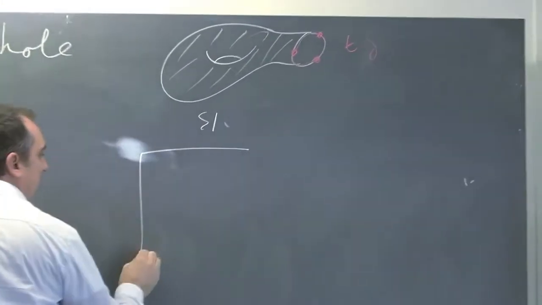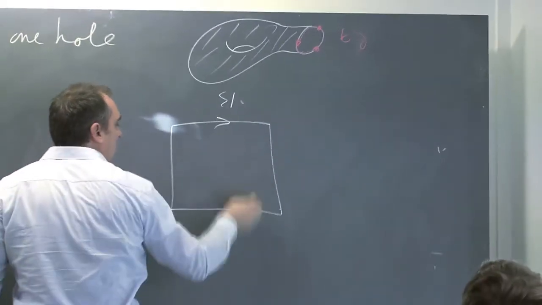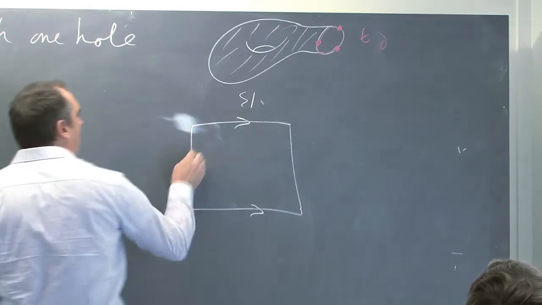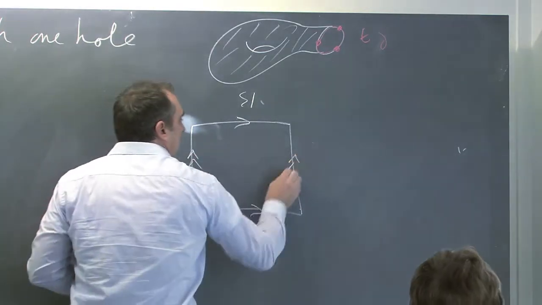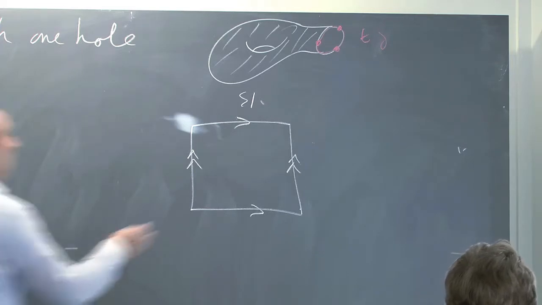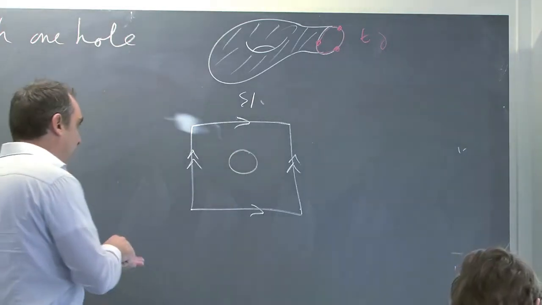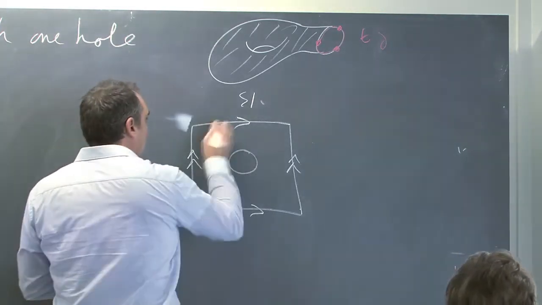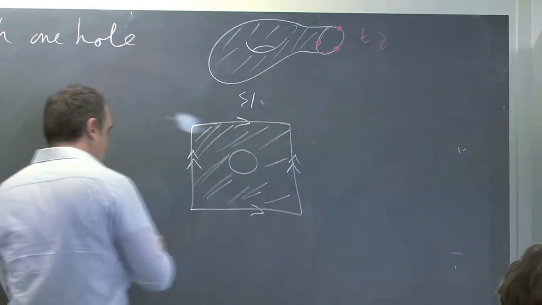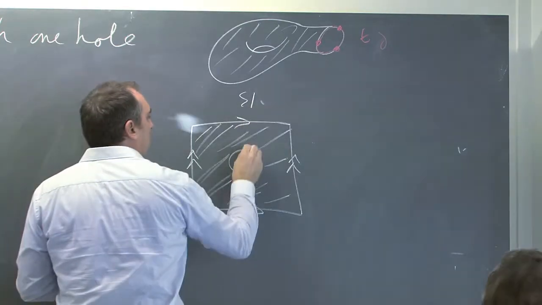I can see this like this. The torus is obtained from the square by identifying opposite sides. So I have a hole, and I have my triangulation here.